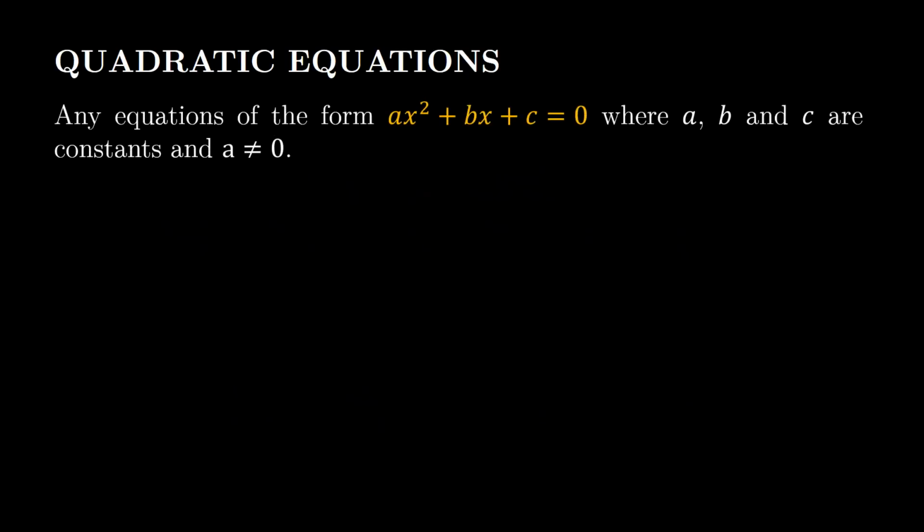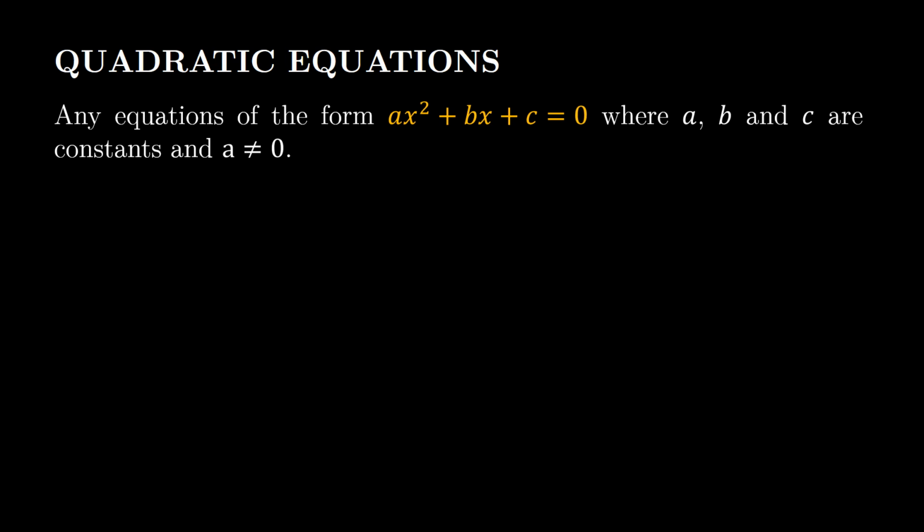So when you say quadratic equation, these are any equations of the form ax squared plus bx plus c equals 0, wherein a, b, and c can stand for any constant values such that a cannot be 0.